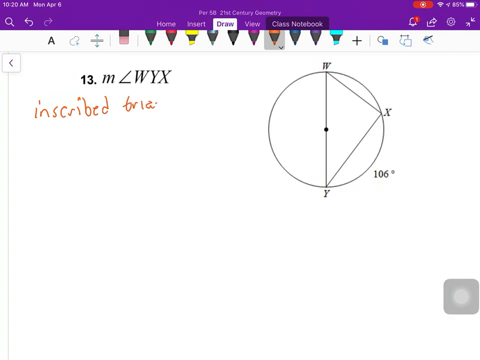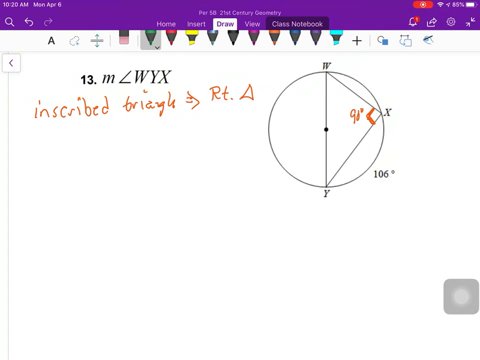So how about on this one? Now, this one, we have an inscribed triangle. So it's going to be a right triangle. I know that this angle, x, is 90 degrees.